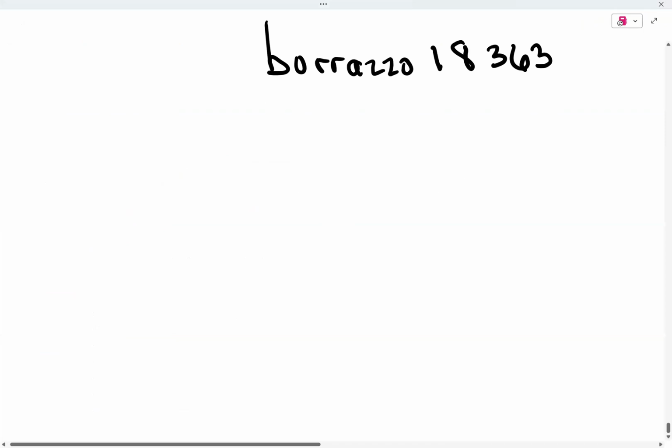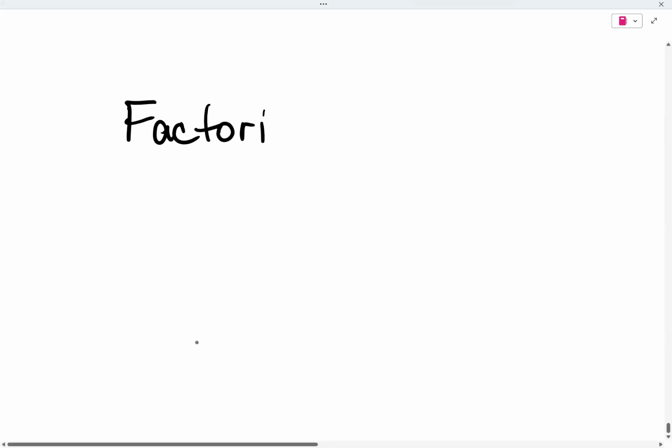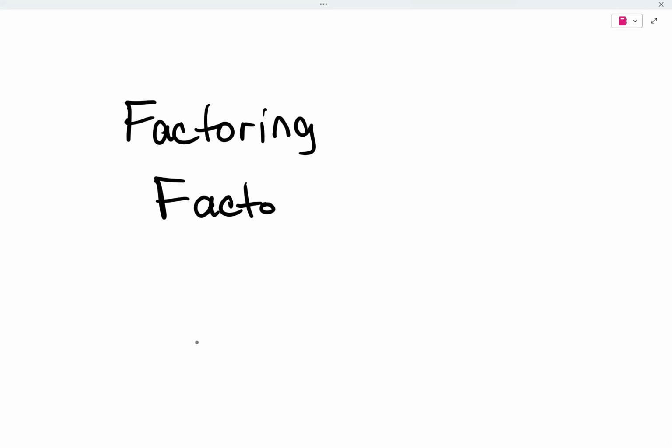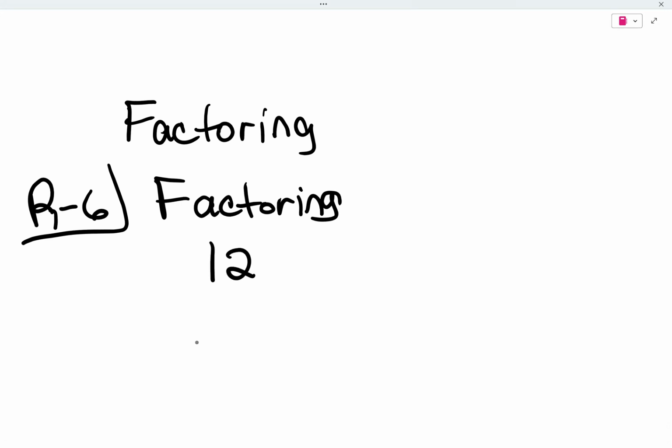And we're gonna look at basics of factoring. So let's take a look. This is all part of the review of what we're doing. And we're talking about translations and all that as well. So starting with factoring. Just for the record, I'm on R6. We're just basically reviewing some details here. And in factoring, I'm looking at factoring 12p minus 18q.